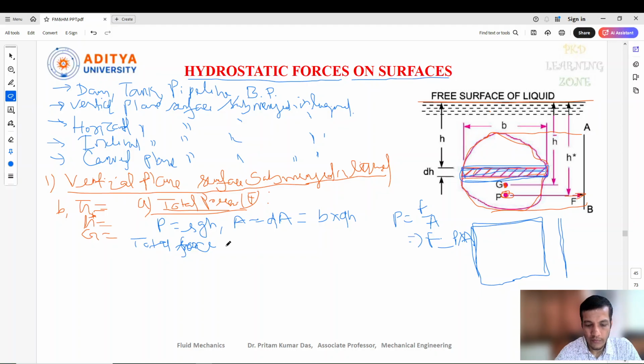So the total force on a small strip we write as dF equal to P into dA. We know the value of P equals rho gh, so I can write rho gh into dA.